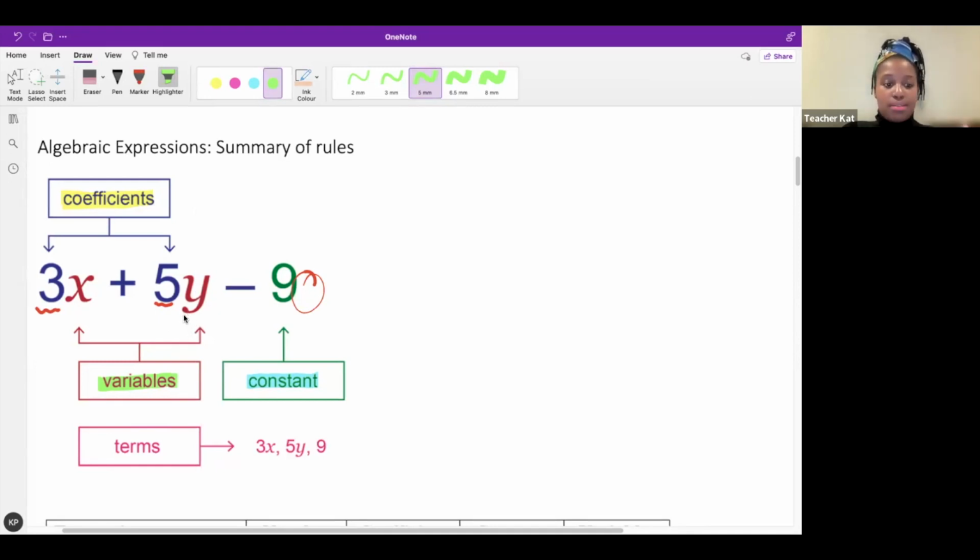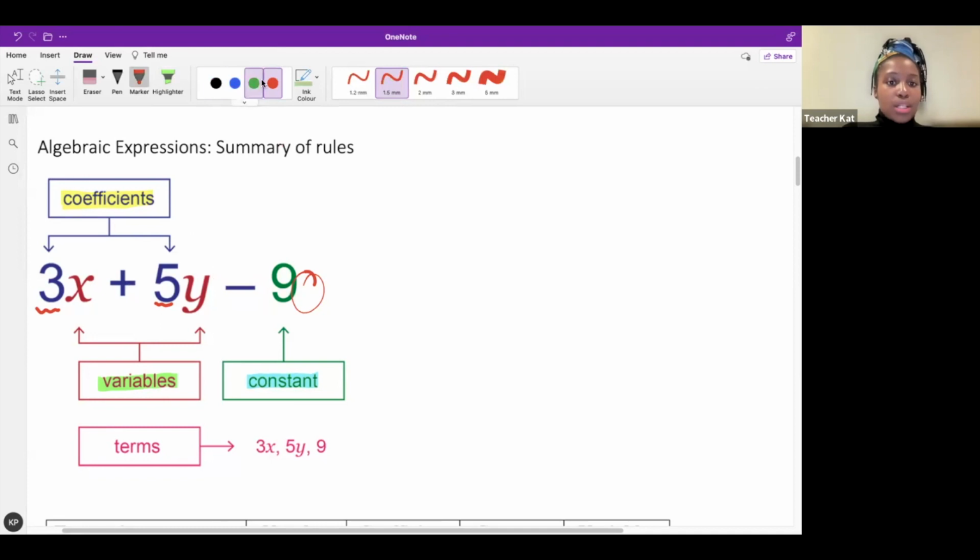Variables just means it does not have a set value, because for one question, x might be 2, but for the next one, if we solve it, x might be 10. So it varies, it depends. These are also placeholders for actual numbers. Since we don't know what these numbers are, we just put an x and a y.